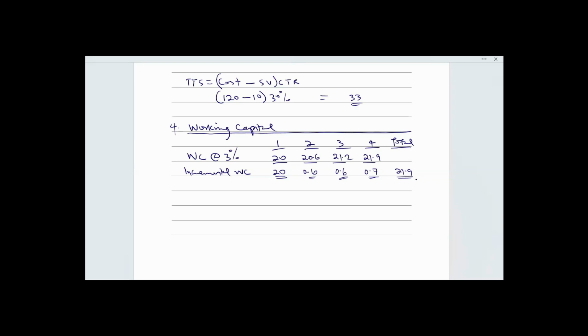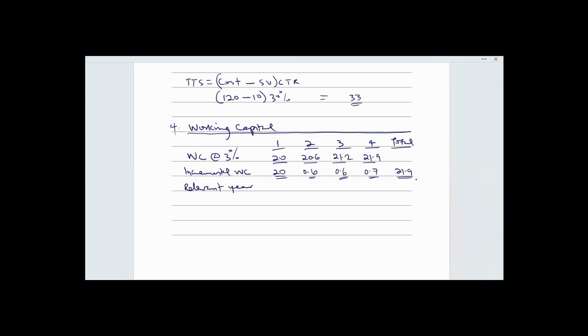So at this point, how do we treat this working capital? Remember, in my previous explanation to you, we said that working capital should be treated as cash outflow in the year before the year of occurrence and recovered fully at the end of the useful life.